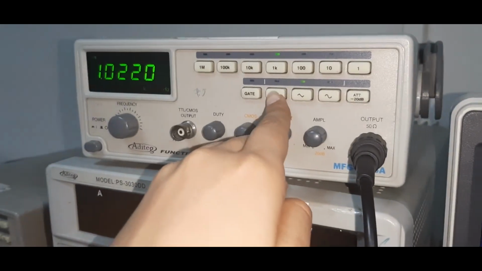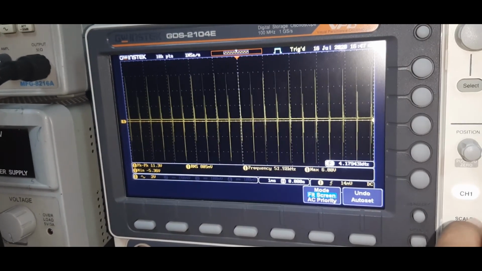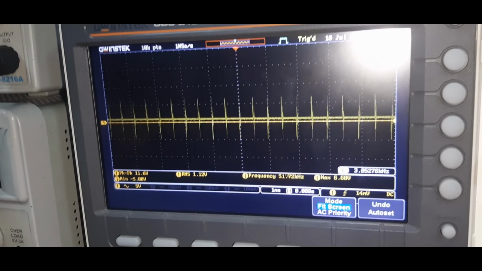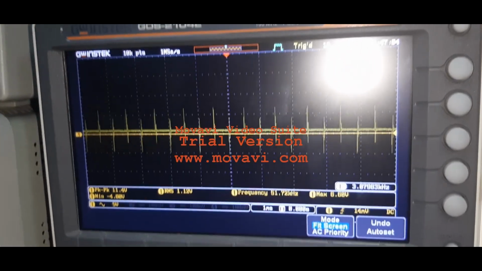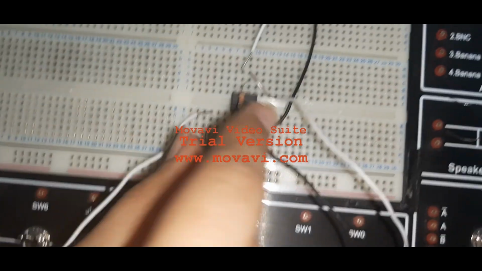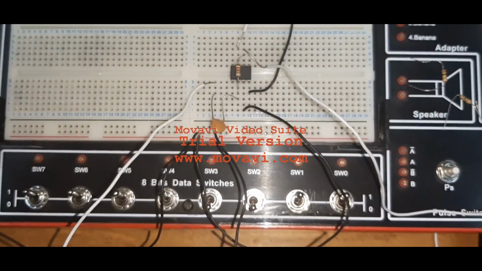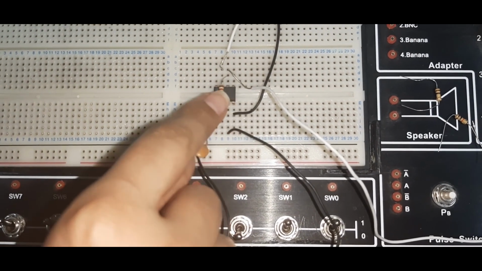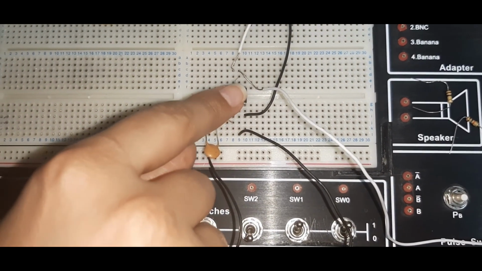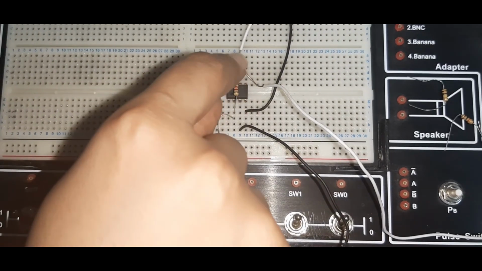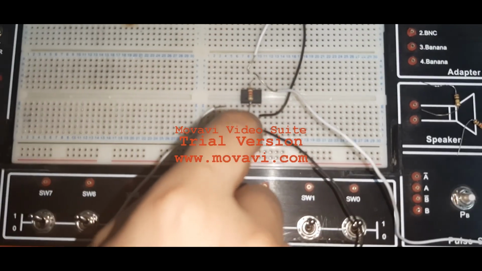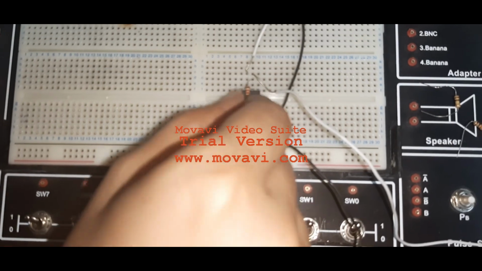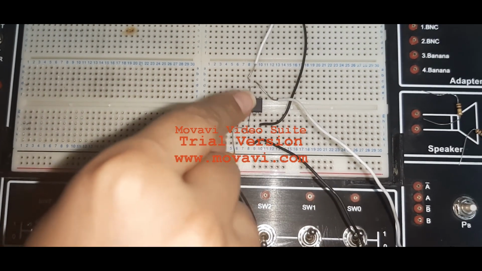If I apply a square wave, then the output is spikes, which shows the property of a differentiator. So if you want to improve this noise in the signal, you have to connect a capacitor, which I already mentioned in the theory part, that CF capacitor here from pin number 6 to pin number 2, which will reduce the noise that is added to the output.